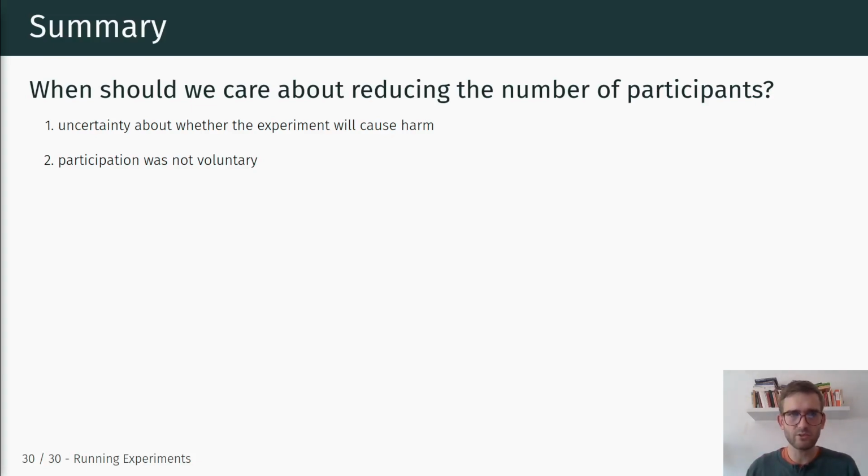As soon as there is uncertainty about whether the experiment will cause harm, and as soon as participation is not voluntary, like in this Facebook study where people didn't provide consent to being in the study, as soon as any of these applies, we should definitely try to keep the number of participants as small as possible.